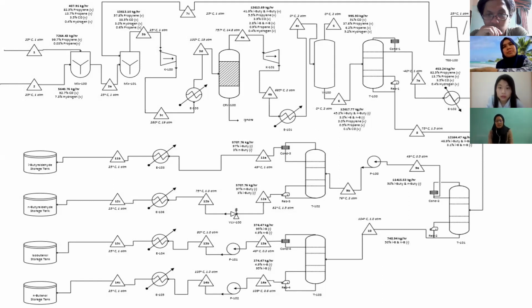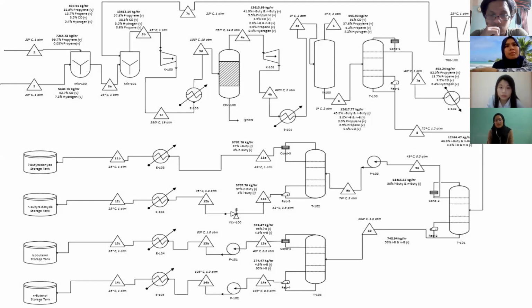Yeah, K101 beside the CRV 100, right? There is a turbo expander K101. Which one are you talking about? We are talking about V100, right? Is it a distillation column or what? It's a flash drum, doctor. CRV 100 is a CSTR, a reactor.